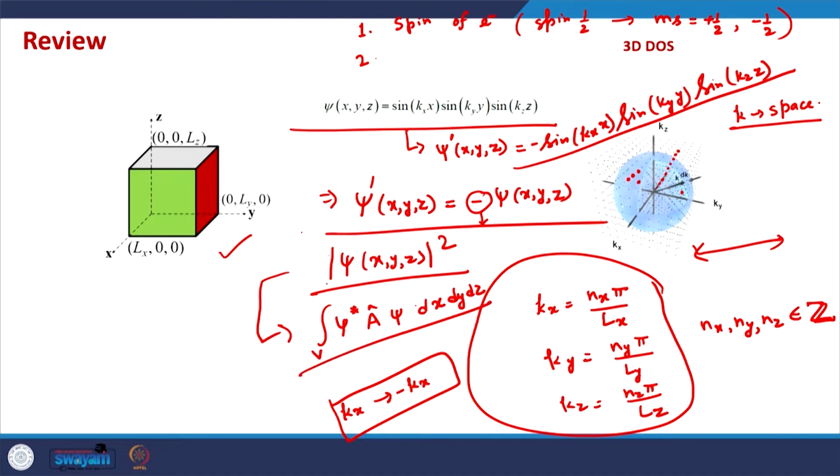A global phase factor does not physically mean anything, it corresponds to the same electron.